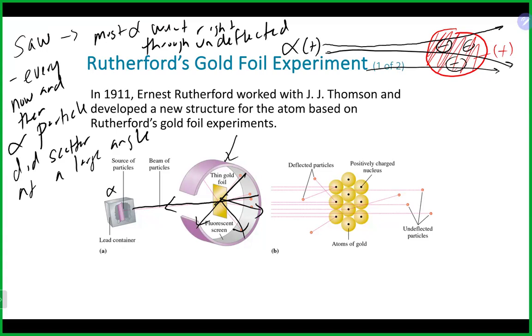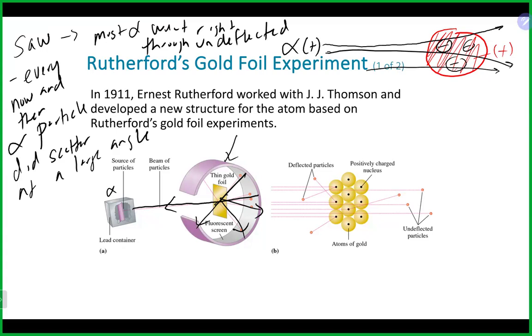And if those alpha particles were positively charged, what type of charge would make it bounce off at a really large angle if it hit it? Yeah, it had to hit something that was very, very positively charged, a very densely positive charge, to make that really heavy alpha particle that's traveling really fast jump out at the opposite angle and move really fast away and be deflected.